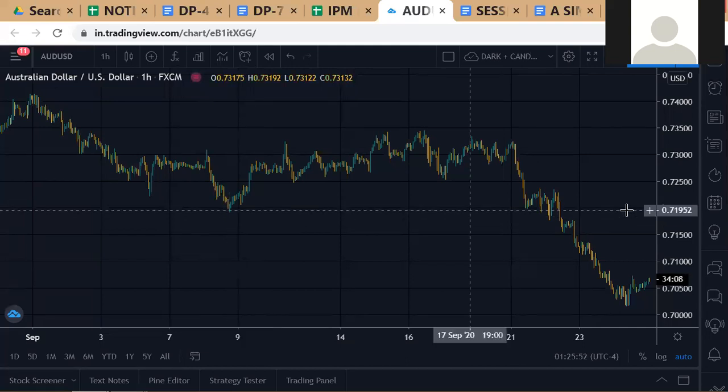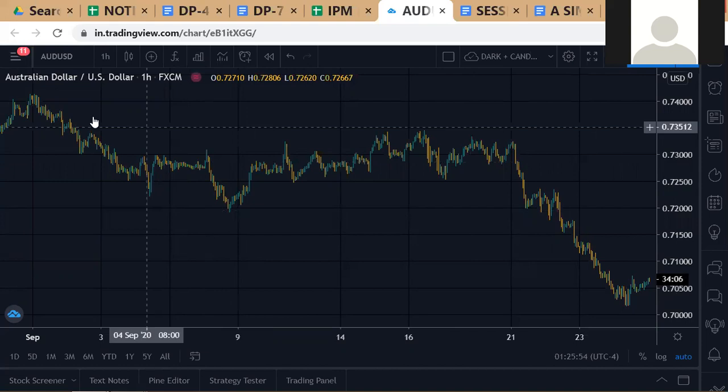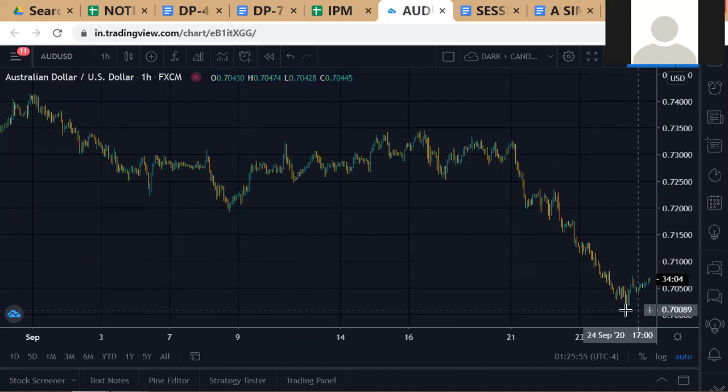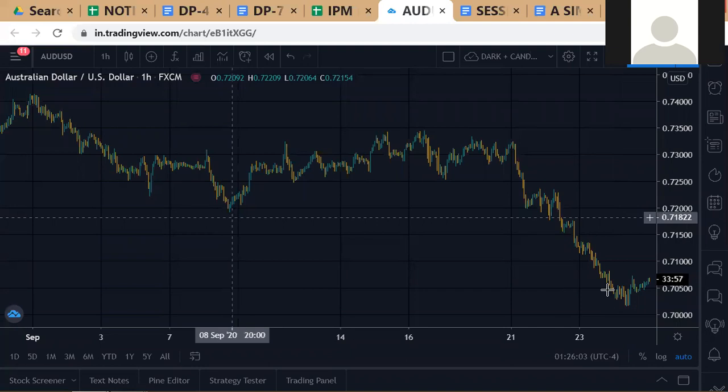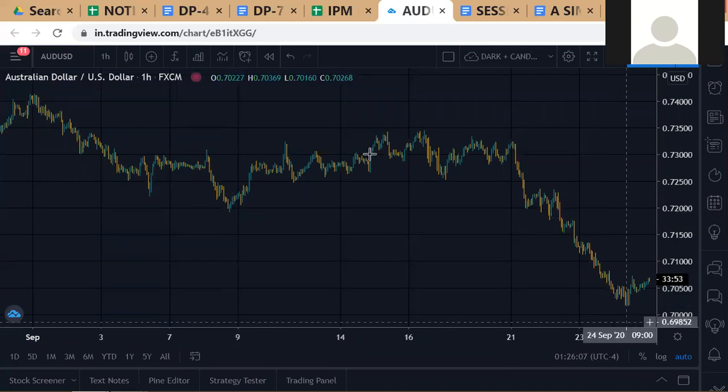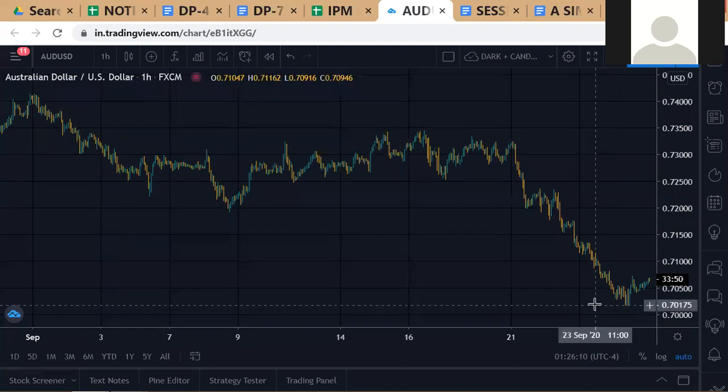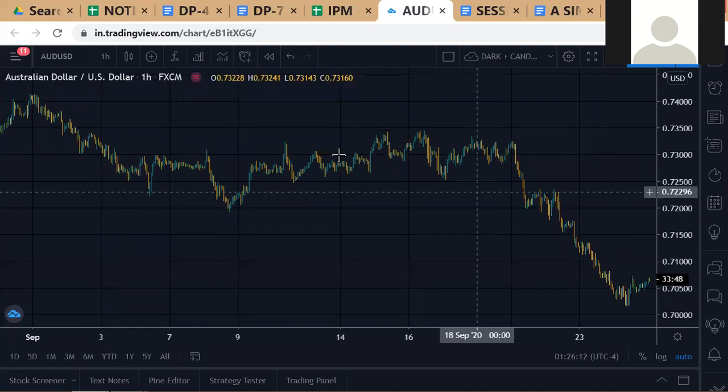So here what is happening is, as it is going down overall, a long-term downtrend here, it's always the price of 1 Aussie. But the number of US dollars required to buy 1 Aussie, that is what is fluctuating. 1 Aussie is never fluctuating. It's always 1 Aussie.